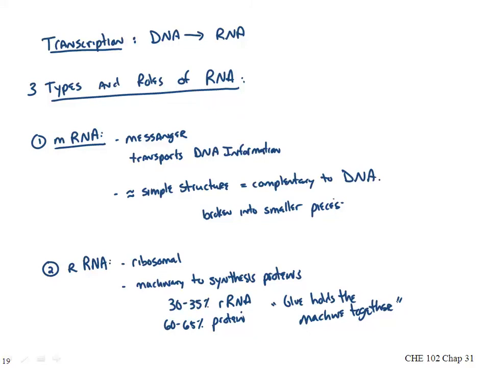So what rRNA does is it binds through hydrogen bonding and all those other interactions that we've talked about, intermolecular forces included, but mostly salt bridges and things like that, with the proteins, and it holds it all together in the exact specific shape that the protein needs to function in synthesizing proteins.